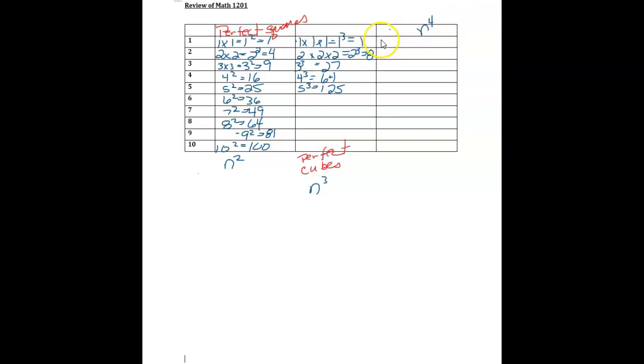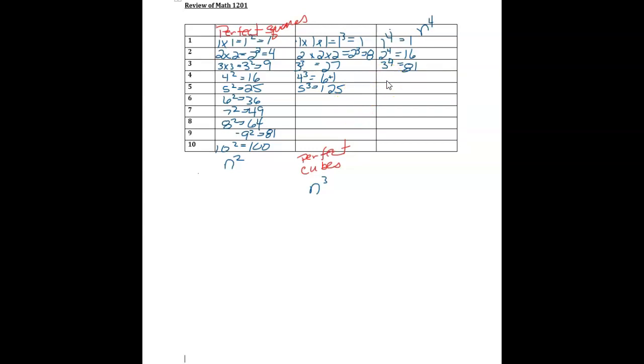So you're not limited by that. If you want to do 1 to the power of 4, 1. 2 to the power of 4, 16. 3 to the power of 4, 81. So you can continue that as much as you want.